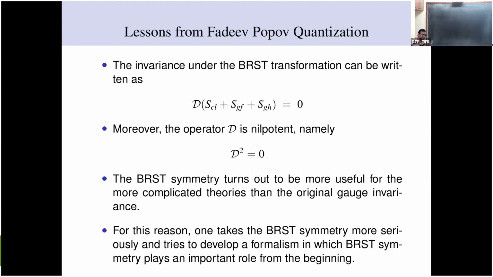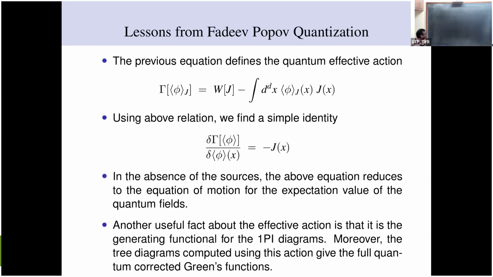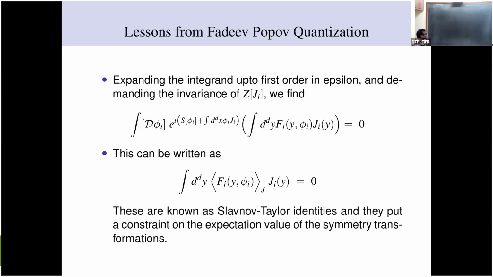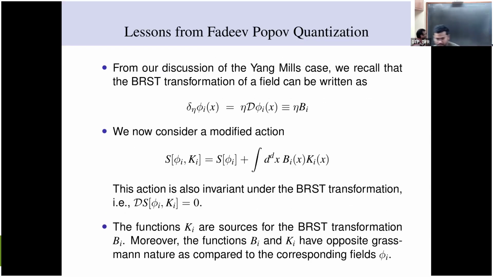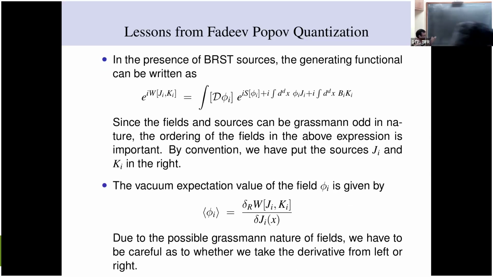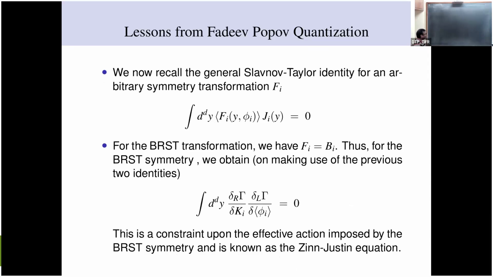So what are the consequences of this original gauge invariance on the 1PI effective action that we discussed in some detail? That gave us these Ward identities, which are known as Slavnov-Taylor identities in this context, and they take this form.